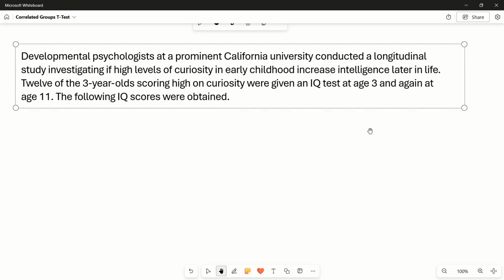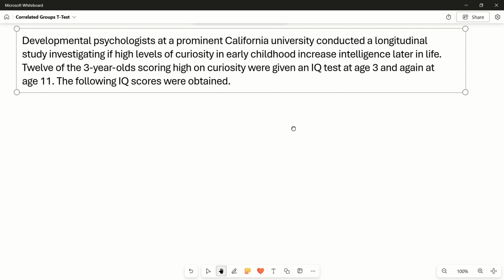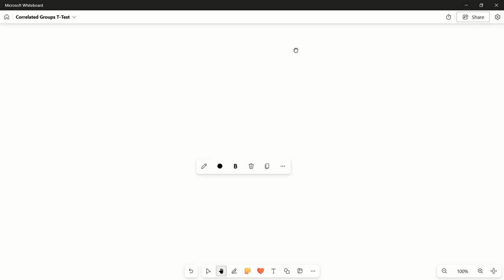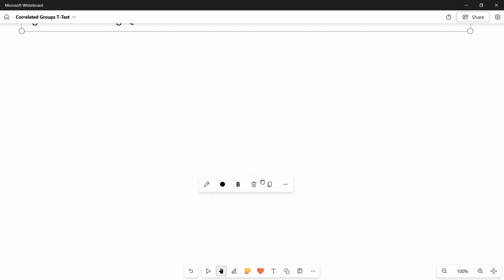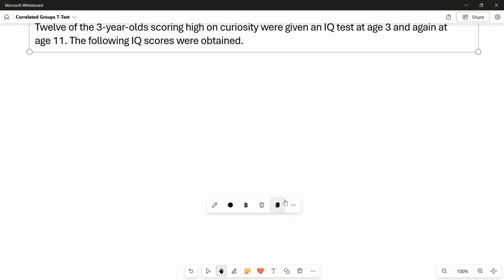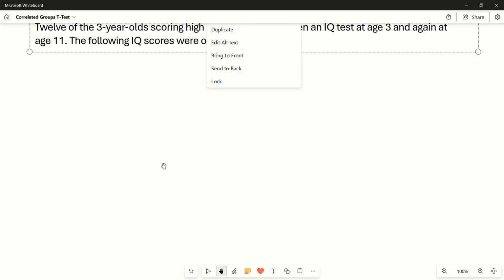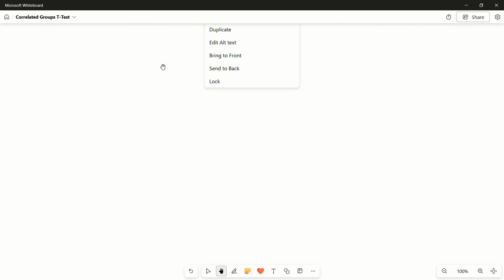Here are the IQ scores. So we're going to do IQ at 3 and IQ at 11. We'll just move this over here. So let's do IQ at 3.